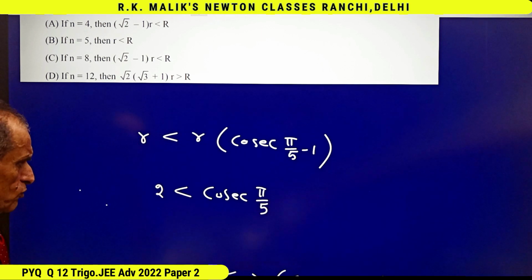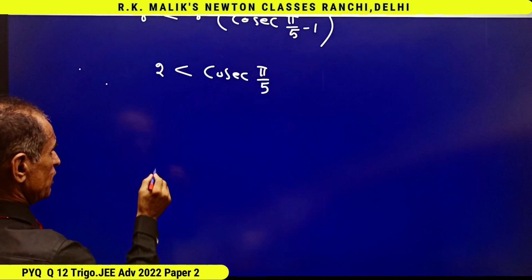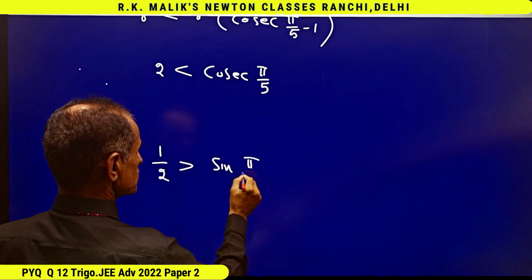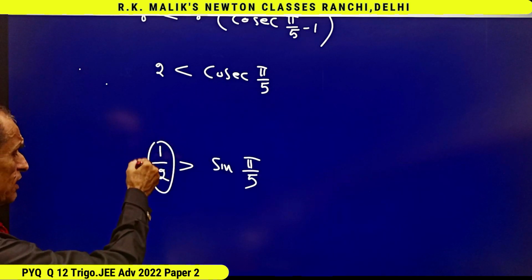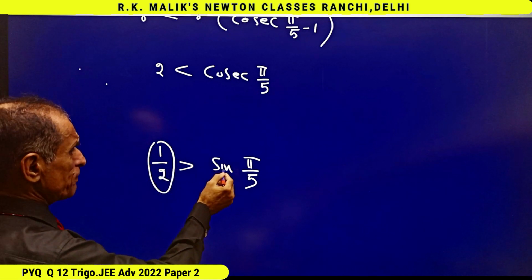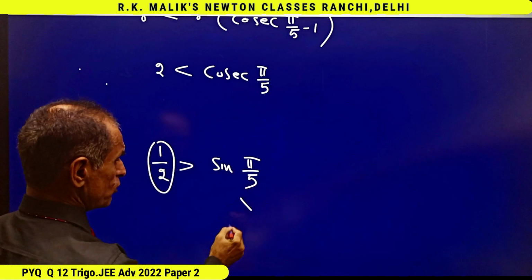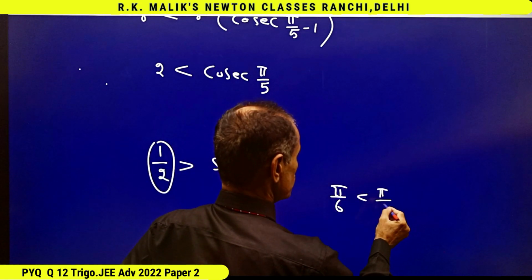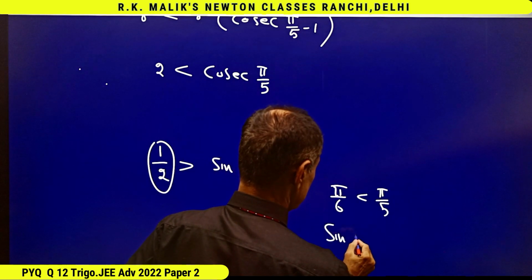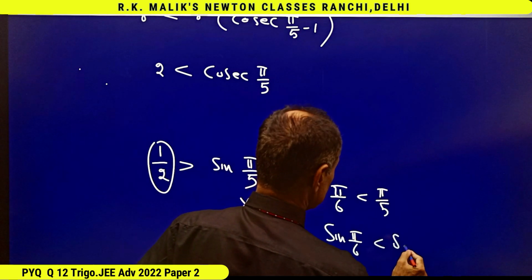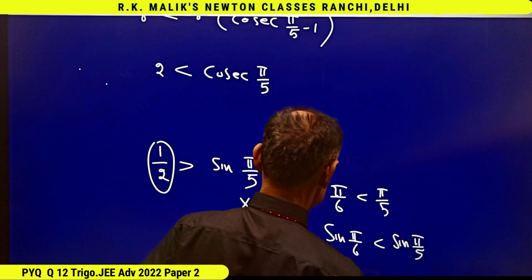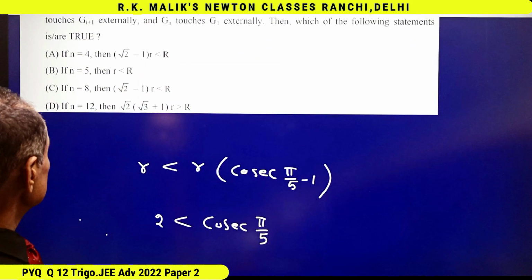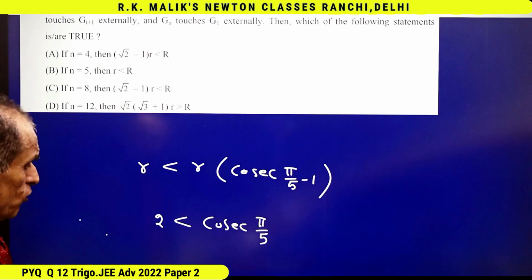This will be true if sine pi by 6 is greater than sine pi by 5, and we know that this is wrong, because pi by 6 is less than pi by 5, hence sine pi by 6 is less than sine pi by 5. Therefore, this is wrong. That is, I can say choice B is also wrong.